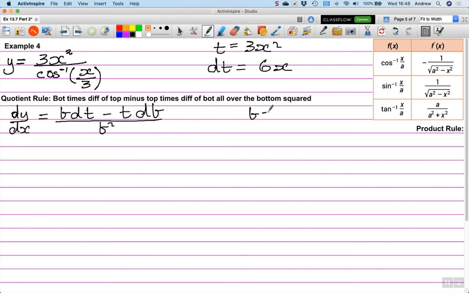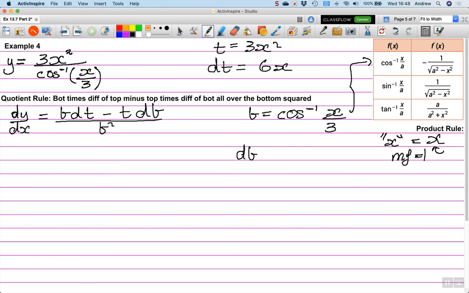The bottom is going to be cos inverse of x over 3, and now we're going to work out the differential of the bottom. Now we know that the x, when we compare it to the formula, is equal to x. The differential of this x is going to be equal to 1, so the multiplying factor is equal to 1.